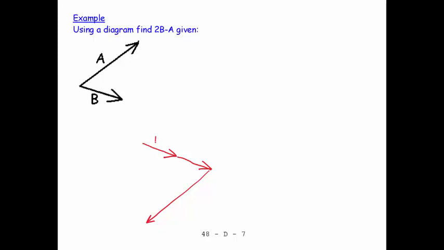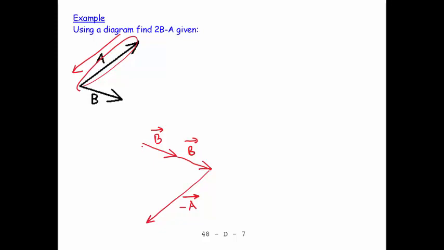Let's label these. This is B, this is B, and this is minus A. It's minus because it goes in the opposite direction to A. A goes in that direction, minus A goes in the opposite direction.